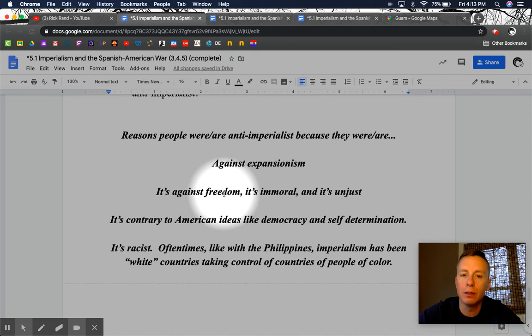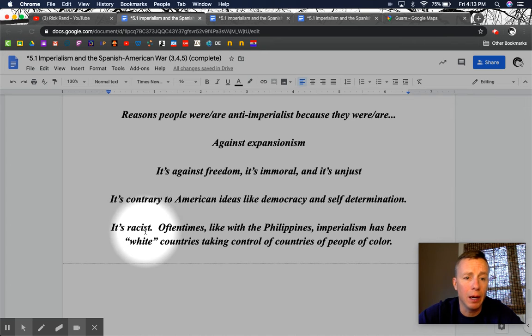If part of being democratic is being able to determine for ourselves what we want to do, where we want to go, then America in the Philippines was certainly limiting that. And then we never can get away from it, I guess. Oftentimes during imperialism, whether it was European countries or the United States, many of the places around the world they reached out to grab control of were of people of color.